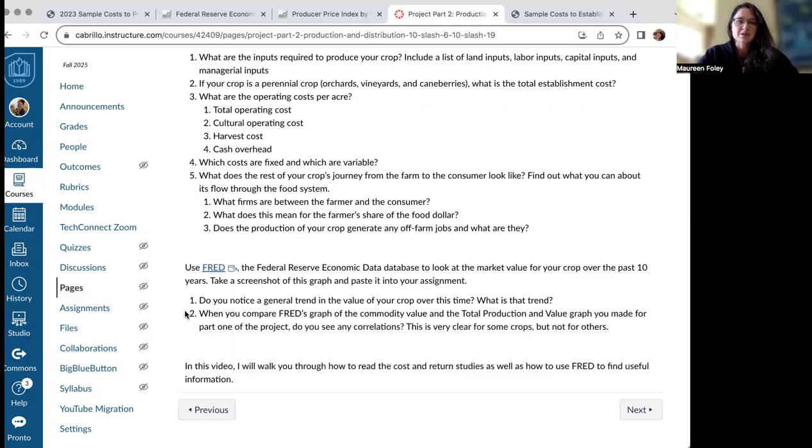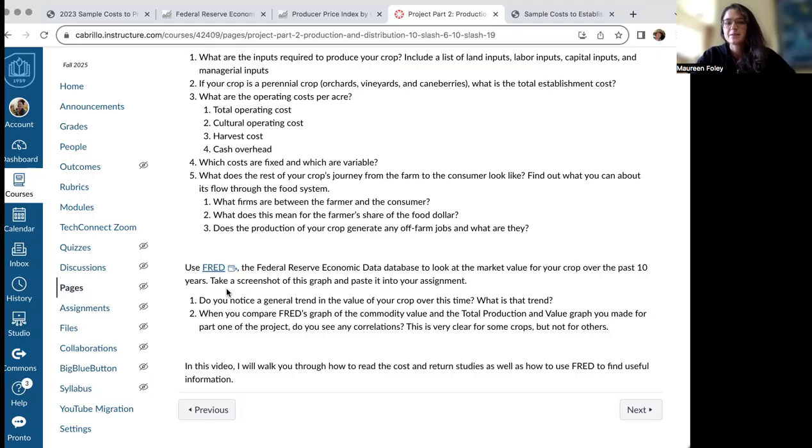Okay, and then the last part, we are going to use something called FRED to answer some questions about trends in crop values or prices over time. So FRED stands for the Federal Reserve Economic Data.